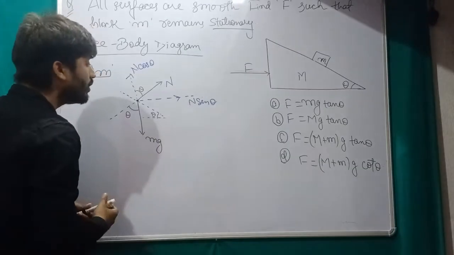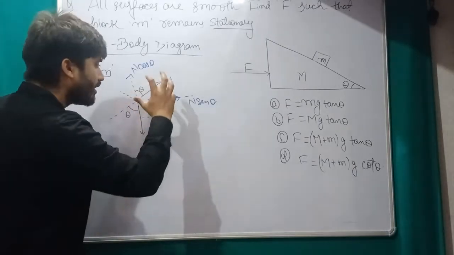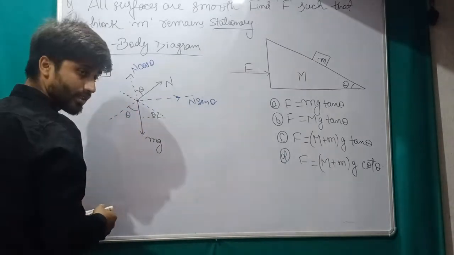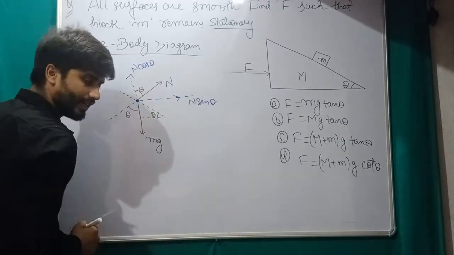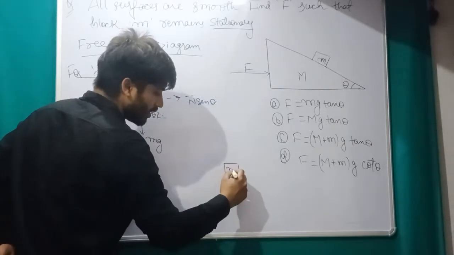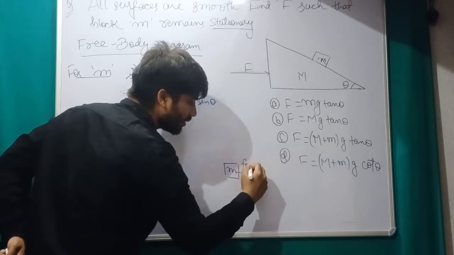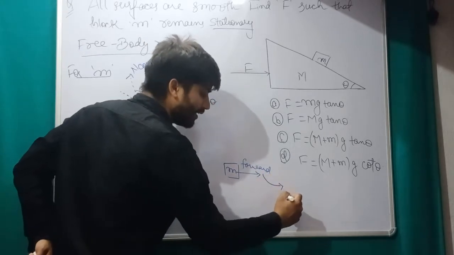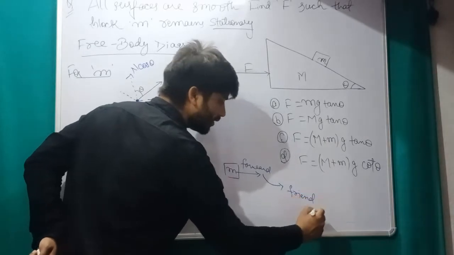So if we have to write the net force acting on this small m, what will be the process? There is a trick. Suppose someone is pushing you forward, then that will be your friend.